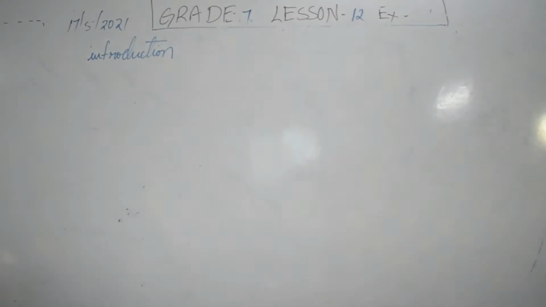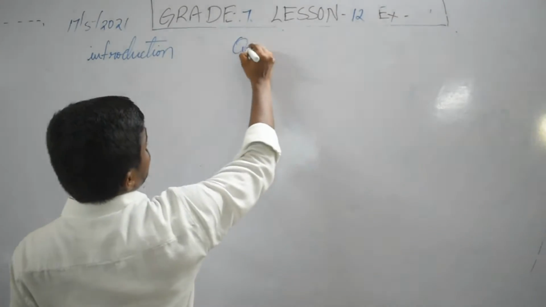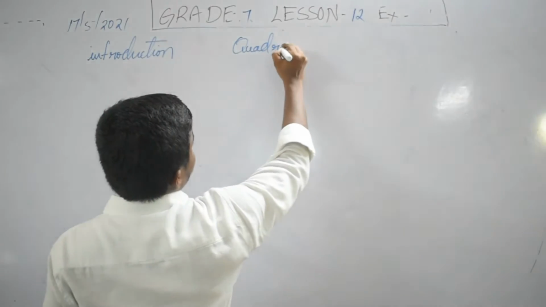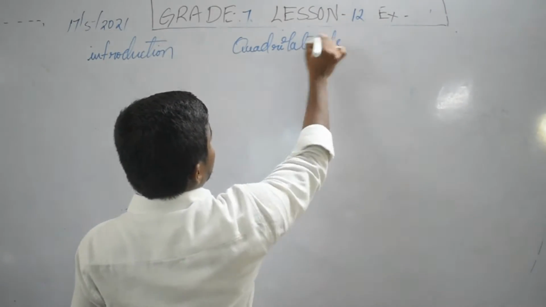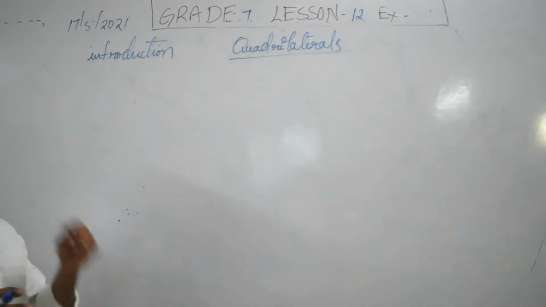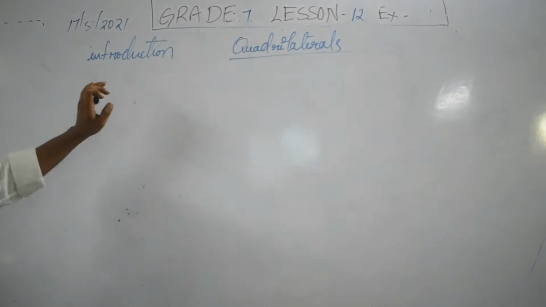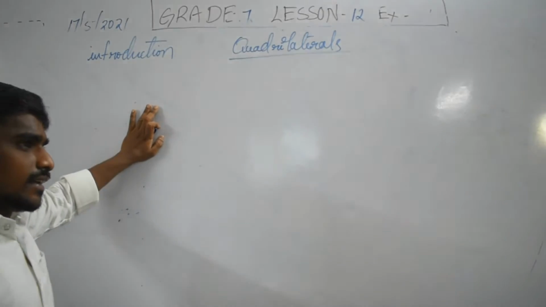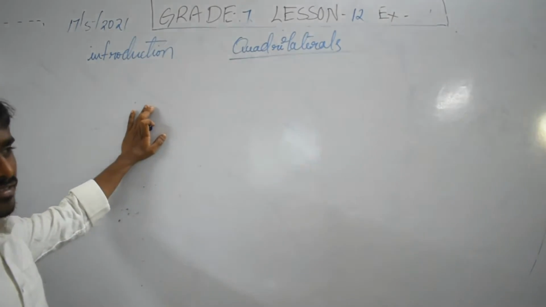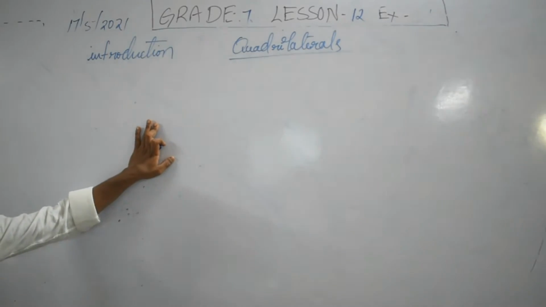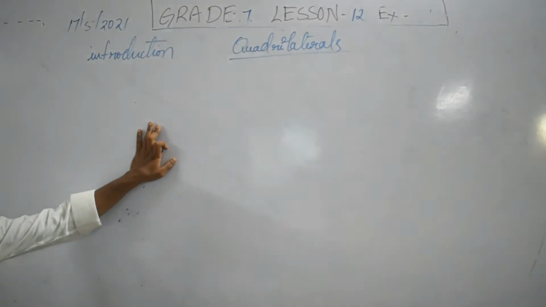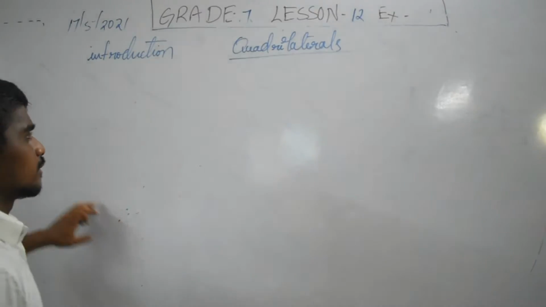Quadrilaterals means that it is one of the polygons. See, a plane figure has four sides, four angles, four vertices. That is called a quadrilateral.